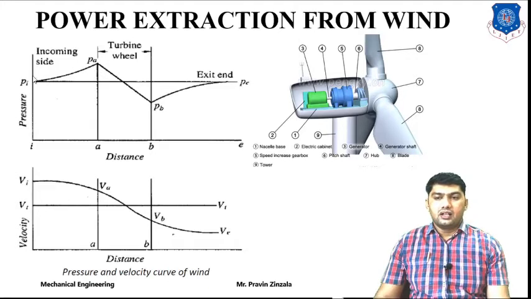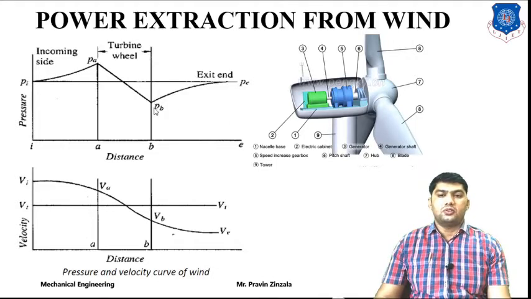Whenever air strikes our turbine, where A to B is our turbine blade, the pressure drops from inlet to outlet, so the outlet pressure will be below atmospheric pressure.